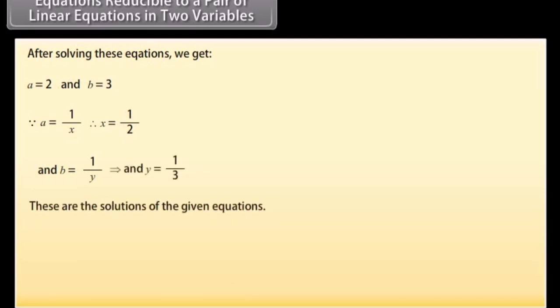After solving these equations we get a as 2 and b as 3. Therefore a = 1/x gives x = 1/2, and b = 1/y gives y = 1/3. These are the solutions of the given equations.